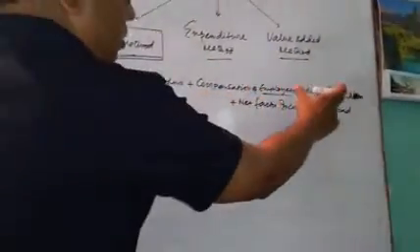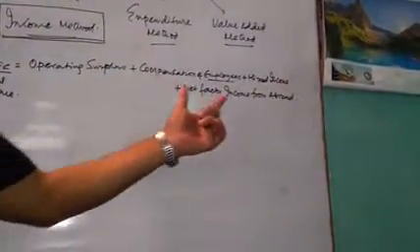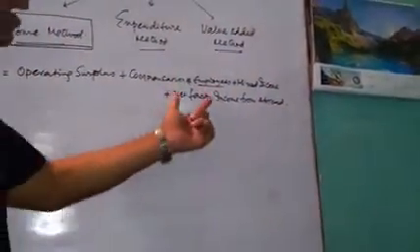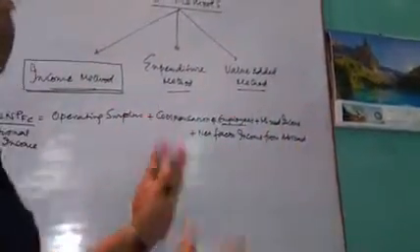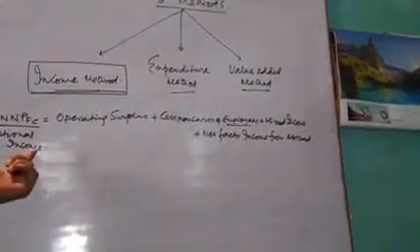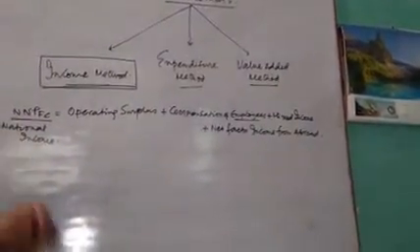National income is the sum of operating surplus, compensation of employees, mixed income or mixed income of self-employed persons, and net factor income from abroad. The sum of these four together will give us the national income.